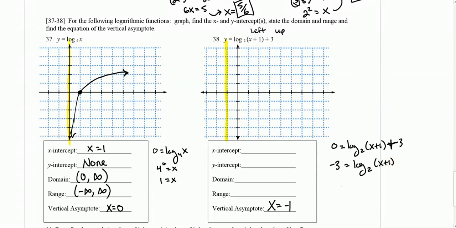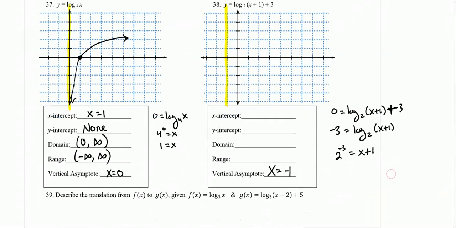And then when you change it out of log form, you get 2 to the negative 3 power equals x plus 1. 2 to the negative 3 means 1 over 2 to the 3rd, which is 1/8. And now I'm going to subtract 1. So x is 1/8 minus 1, which is 1/8 minus 8 over 8, which is 7/8.